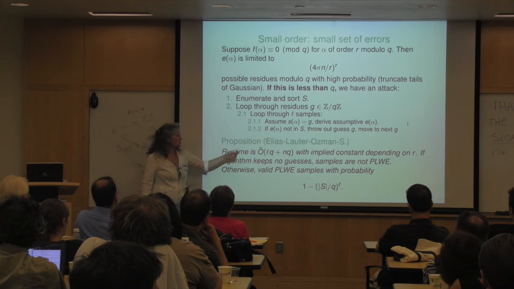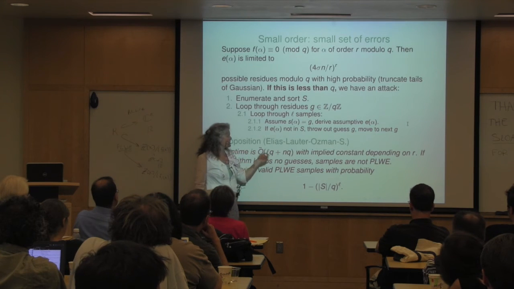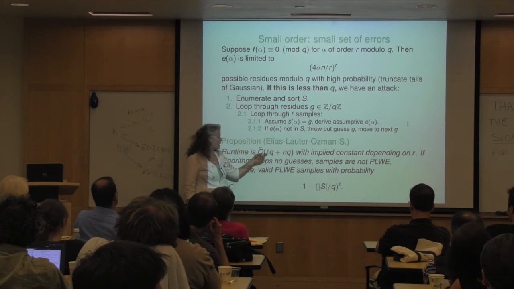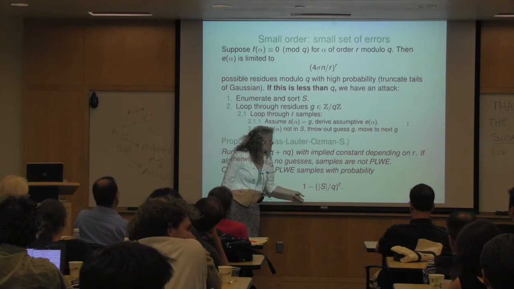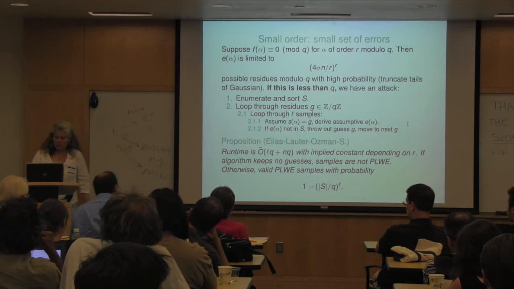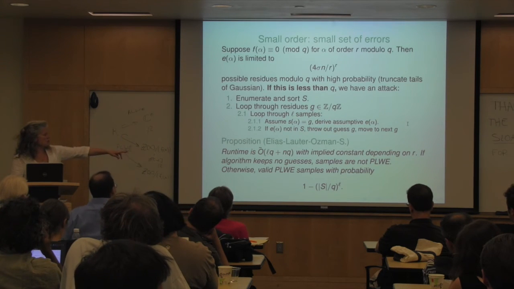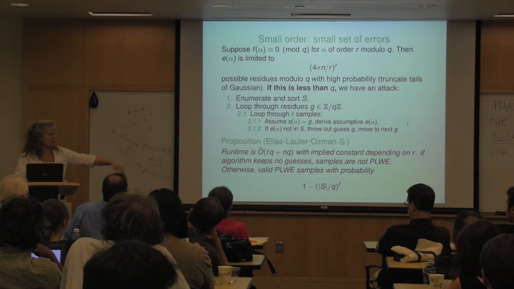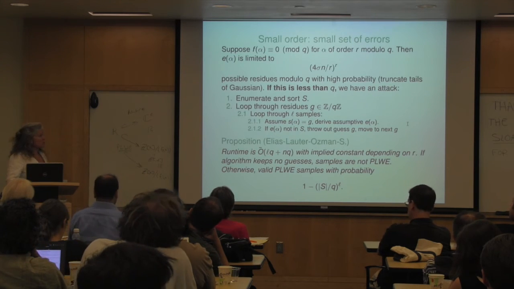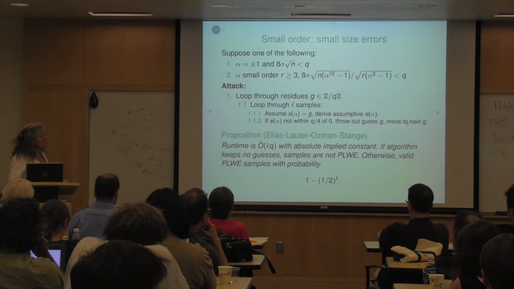And you can see the running time of this attack is proportional to q and the number of samples, and it is correct with this probability, which you can make very close to 1 if the size of your set S is less than q and the number of samples L increases. So that's how that attack works.